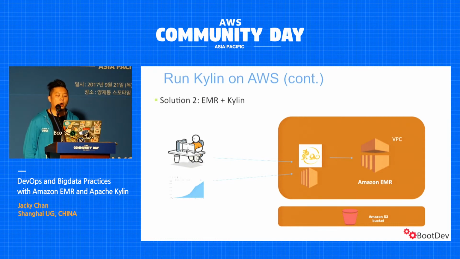Then on EMR, we can query from S3 to get the data, have it processed by EMR, then processed by Kylin, and pour it back directly into S3 by Kylin, which has none of the trouble that I mentioned before on the first solution, and this is what AWS does for us already.